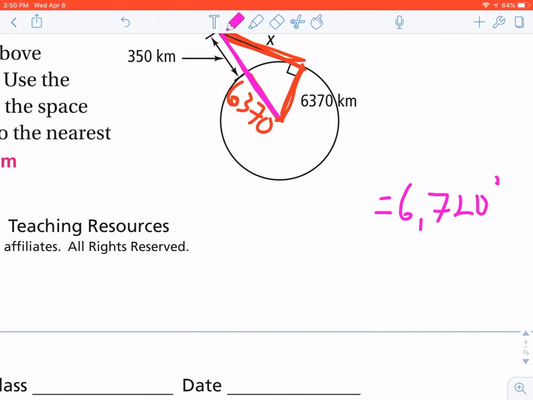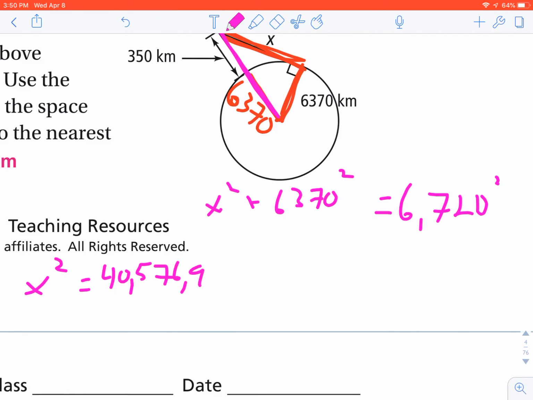And then I have my x squared plus my 6,370 squared. Now these numbers get very, very big. Just obviously use your calculator and hopefully everything works out nicely for you. X squared is equal to, when you square 6,370, you get 40,576,900.